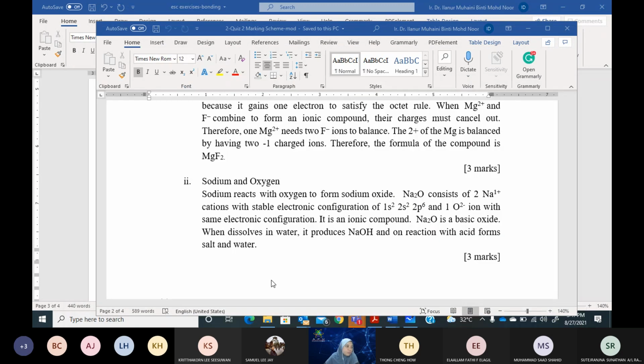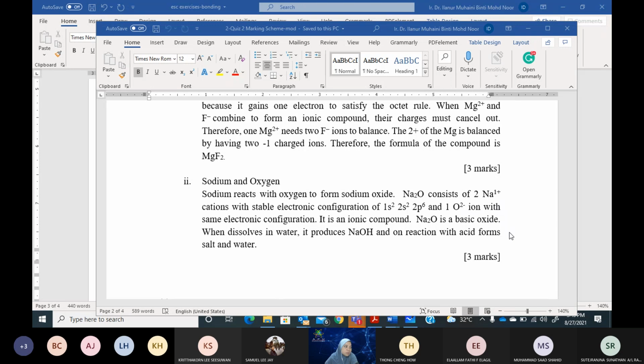Na2O consists of 2 sodium cations with stable electronic configuration and 1 oxygen 2- ion with the same electronic configuration. It is an ionic compound.